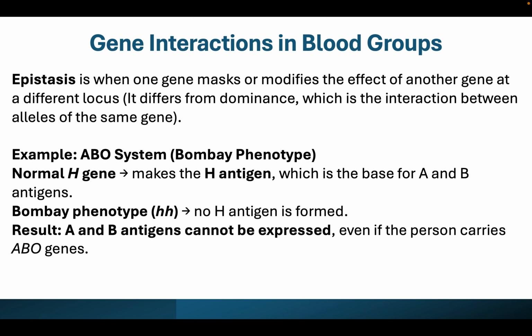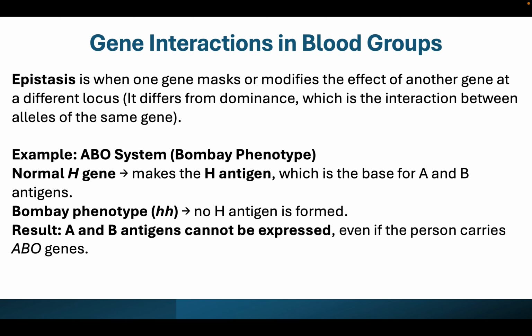Another point is epistasis, which is when one gene masks or modifies the effect of another gene at a different locus. It's different from dominance, which we are going to discuss in the next few slides, which is the inheritance between alleles of the same gene. For example, the ABO system may be the easiest to understand.